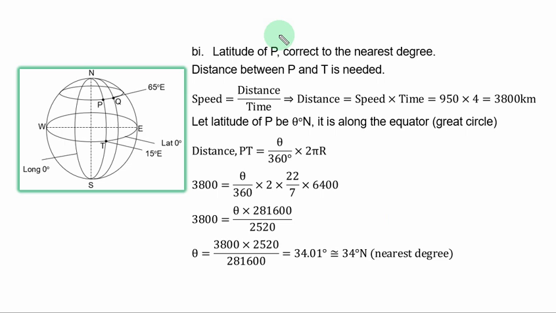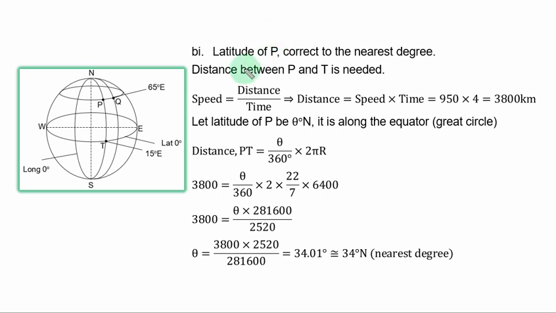B part of the question, latitude of P. That is B, Roman figure 1. Latitude of P correct to the nearest degree. Note that P and T are on the same longitude because from T you move to P. So the distance is needed before you can get the latitude.